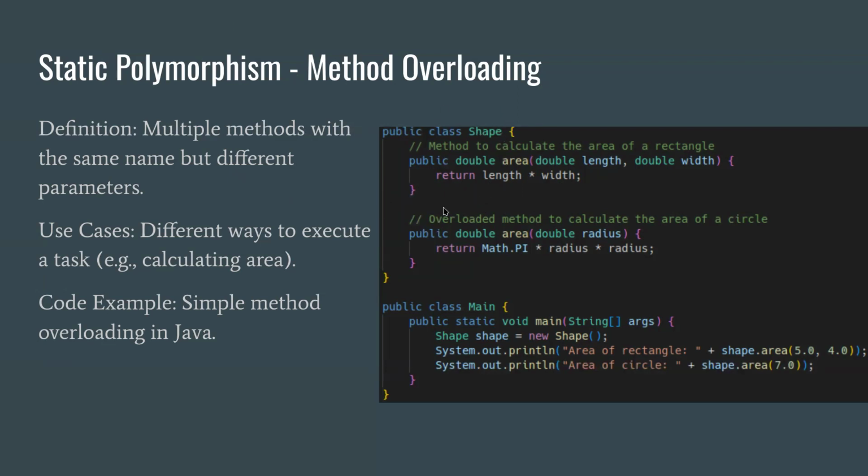As you can see in this example, we have a shape class, and we have two ways of calculating the area, and the method varies whether the shape is a circle or a rectangle.